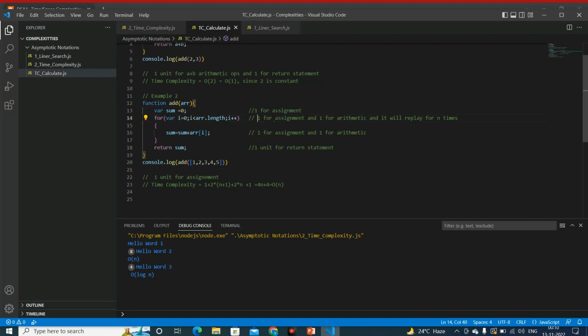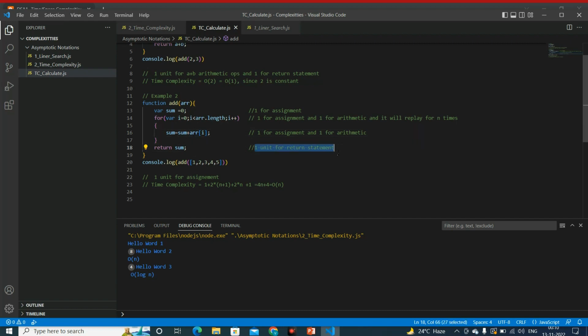Hence 1 unit for assignment and 1 unit for arithmetic operation, and it will repeat for n times because the loop is there. After that, again here sum is equal to sum plus array of I, that means one for assignment and one for arithmetic, and again into n, because it will also iterate for n times.